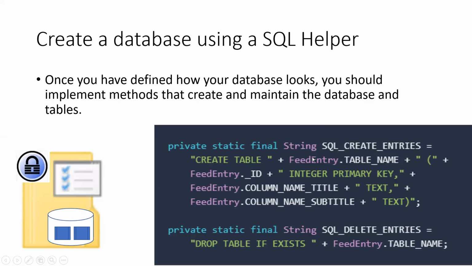Create table, then mention the name of the table, then start the parenthesis, mention the column name, specify the type of the column, that is integer, and specify that it is a primary key. We know that our inner class is implementing that BaseColumns interface, so you're going to have access to _id. So we already have a column which is being treated as a primary key.